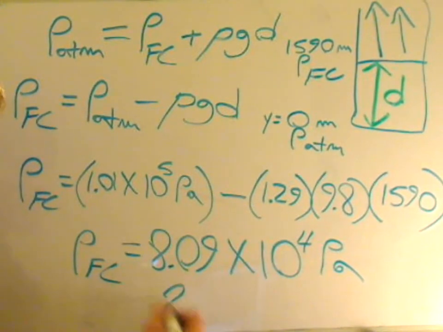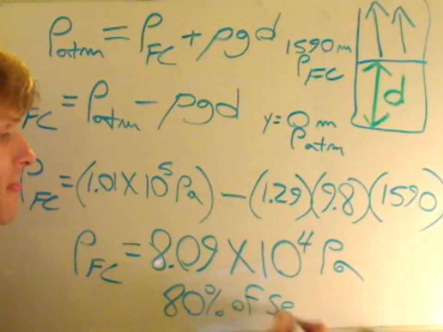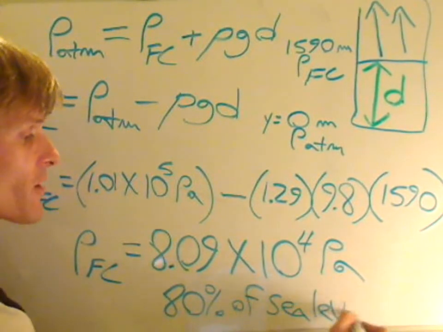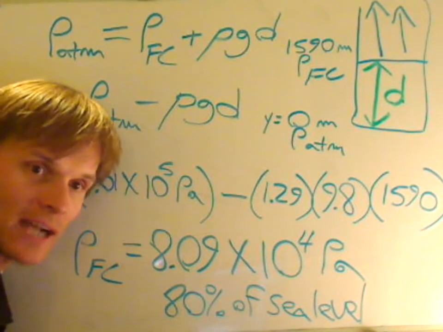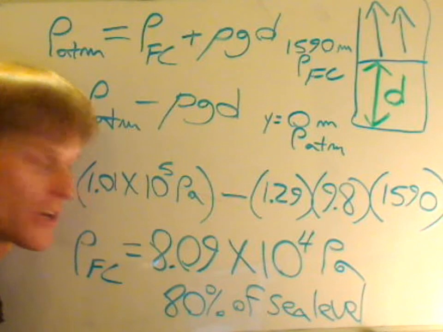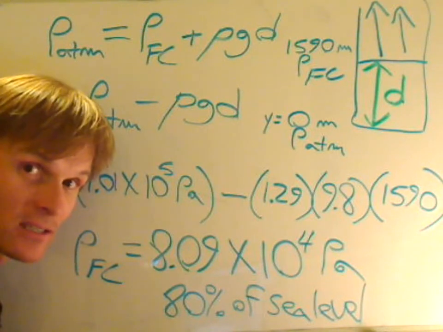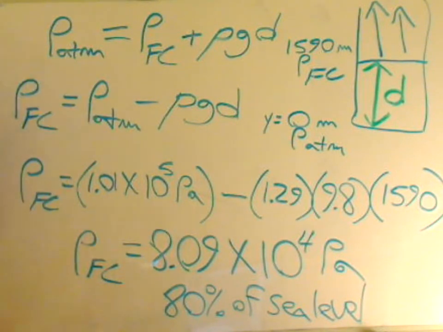That's about 80% of the sea level atmospheric pressure, which is not too far off from the actual value. The actual value is about 83% in Fort Collins, so pretty close to what it is in actuality. Okay, so that's part A.